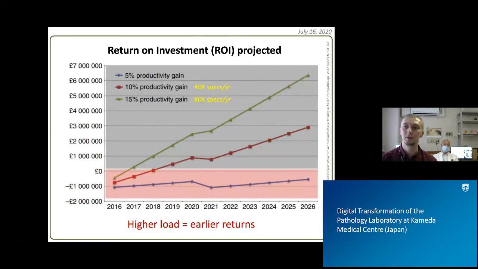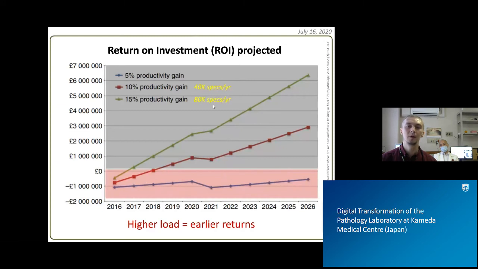The conclusion of this team from the UK, once again, these are just projections based on a formula, is that if you have a very low number of specimens per year, and you try to balance that with a high-volume and expensive scanner, you probably cannot return any money back.